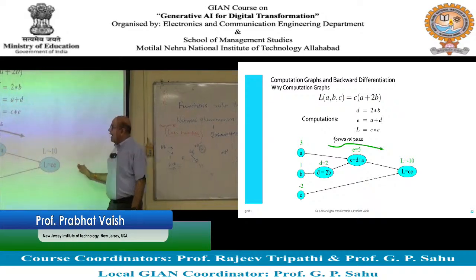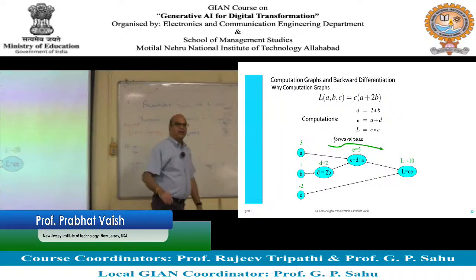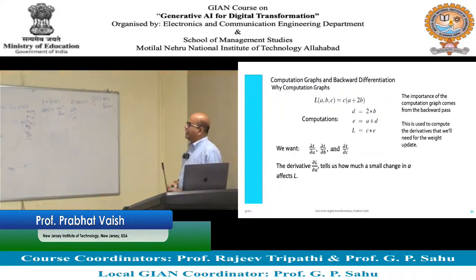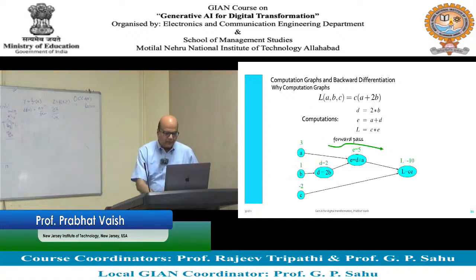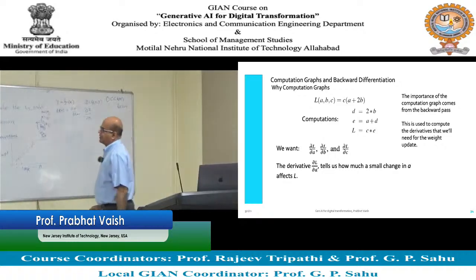Now we need a backward pass to adjust these values. How do we do that? What is the backward pass doing? What calculations do we require?